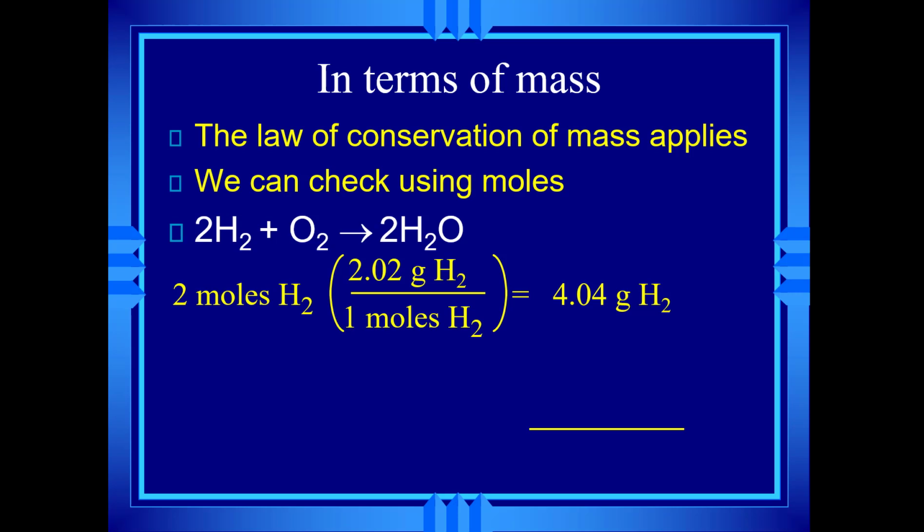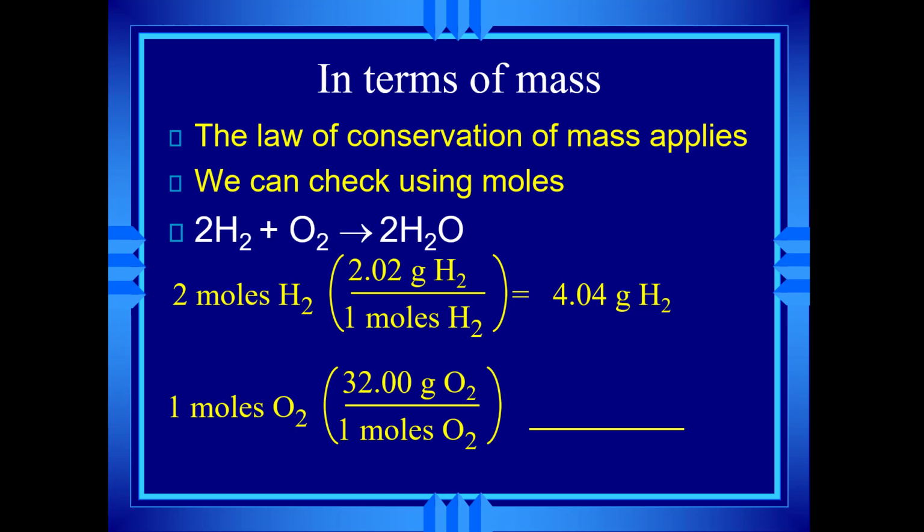My other reactant was a mole of O2. I can go from moles of O2 to grams of O2. Look up O on the periodic table, it's 16. It's O2, so I double it. That's 32. And 1 times 32 is 32.